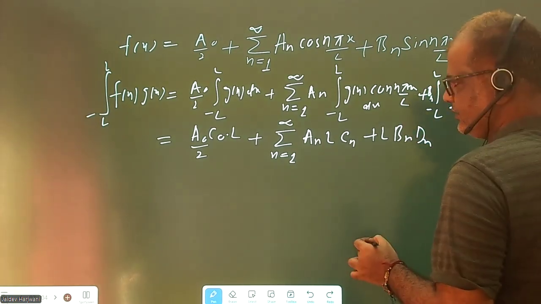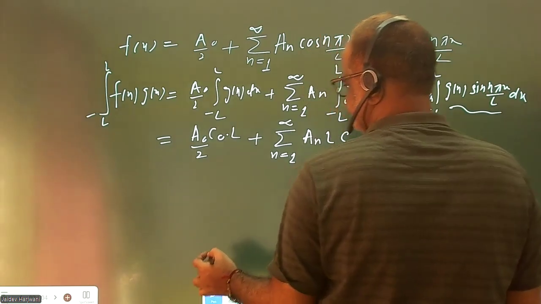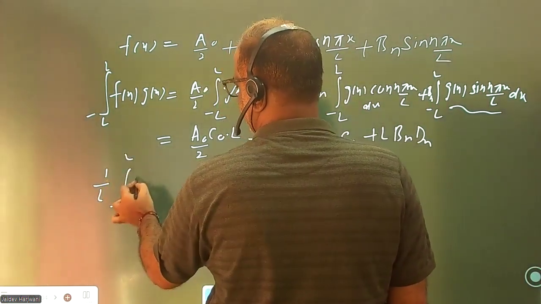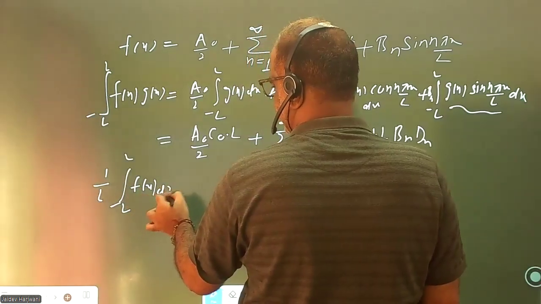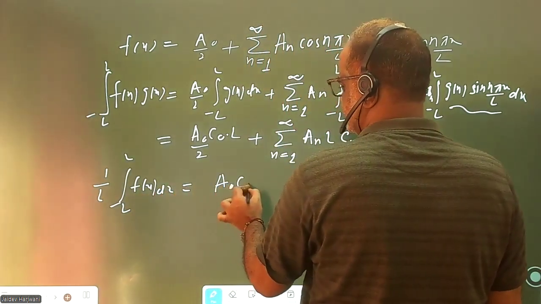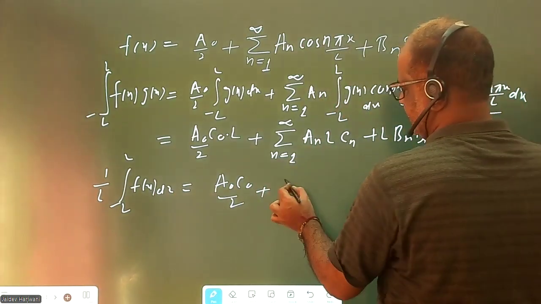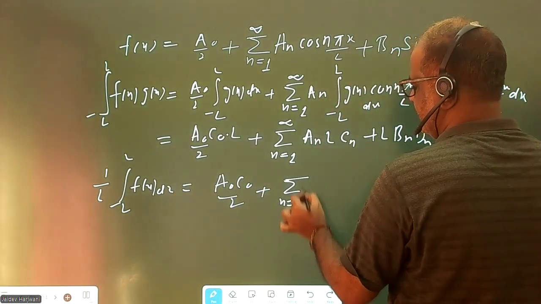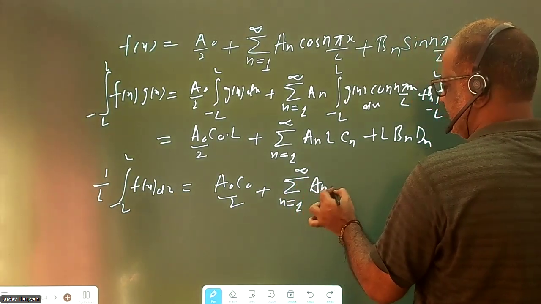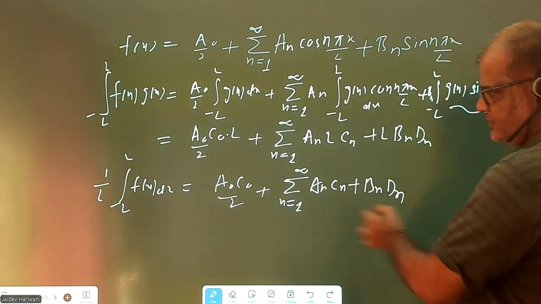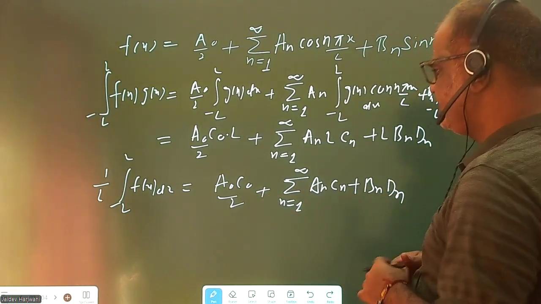Now I can write 1 upon L integral from minus L to L of f(x) g(x) dx is equal to a naught c naught by 2, plus the sum from n equal to 1 to infinity of an cn plus bn dn. So this statement itself is very, very useful.